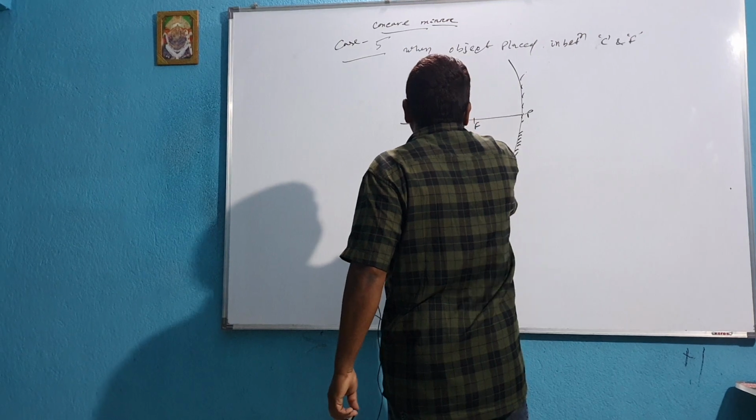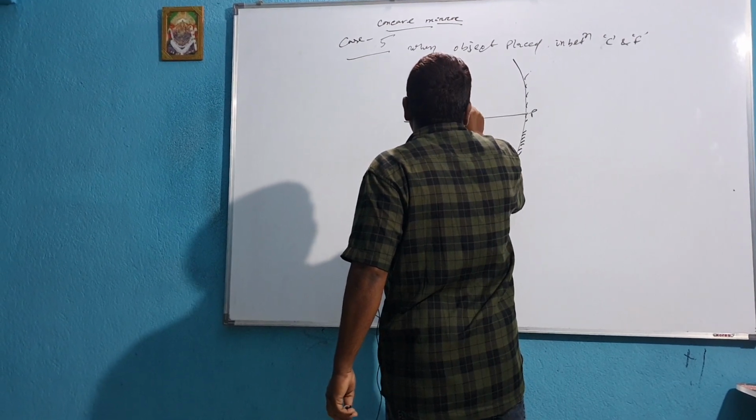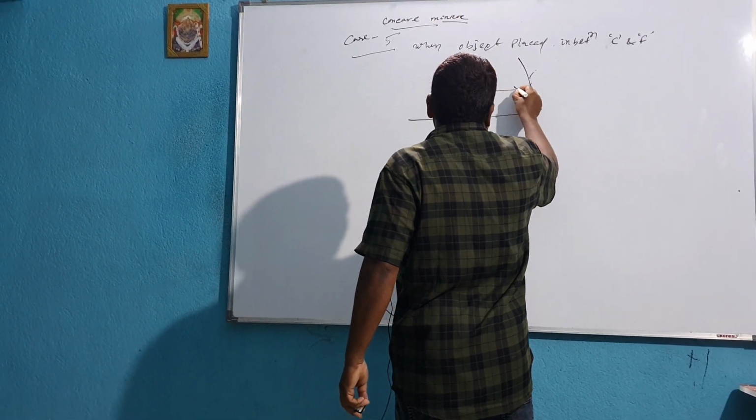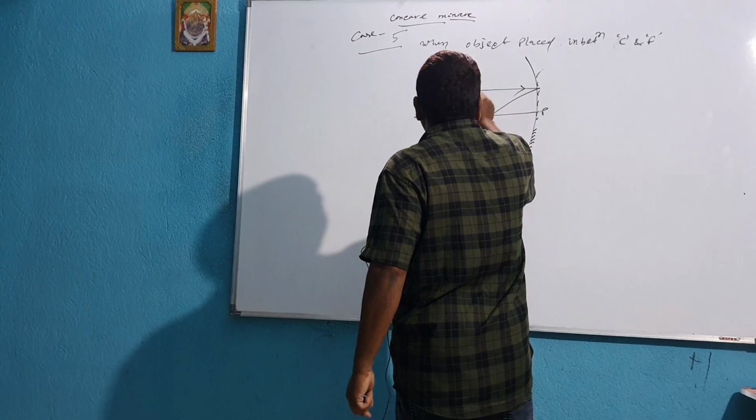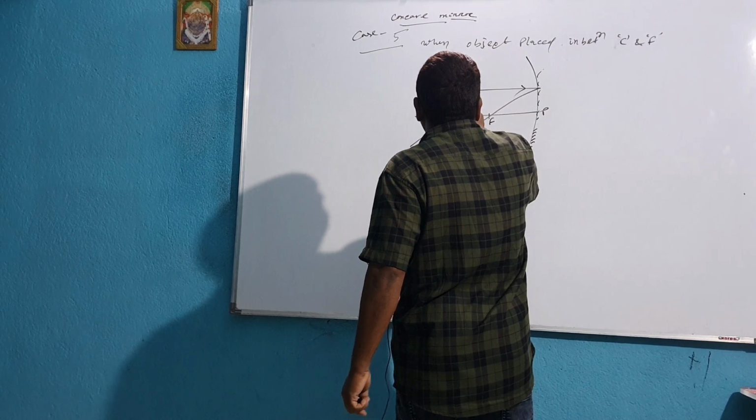P, F, C. This is the object, this is the parallel line, then this line passes through the focus, then the next line strikes the center of curvature.